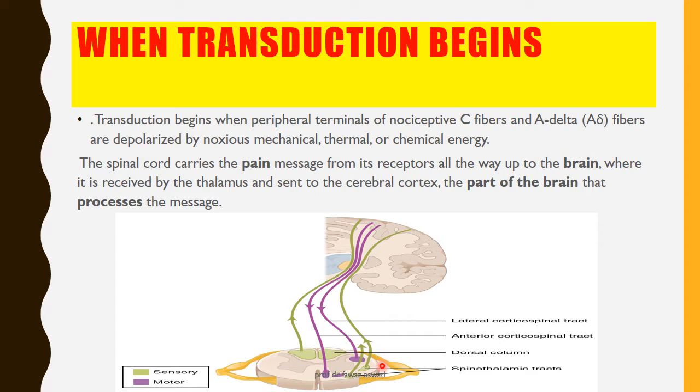This is what we call the transmission. The spinal cord is going to give a message to the brain through the anterior and lateral corticospinal tracts, and this message is received by the brain in the most important areas, the thalamus and the cerebral cortex. These two areas are responsible for processing the messages passed to them through these channels.